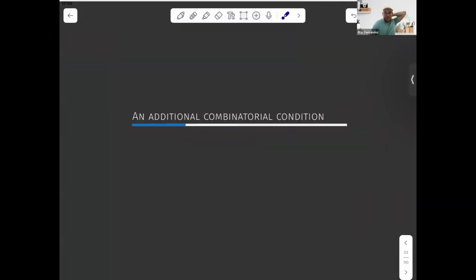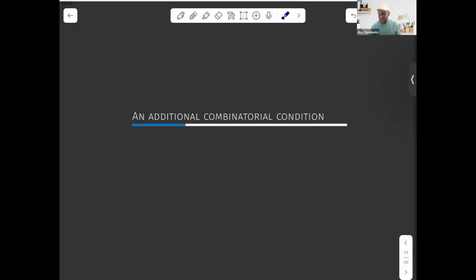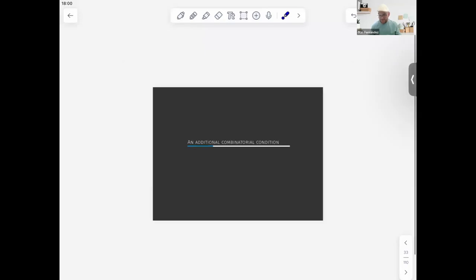Of course, this problem in general is too hard. So we will also try to make progress in solving this problem with a further assumption, an extra combinatorial condition, the so-called local distance regularity of a vertex.